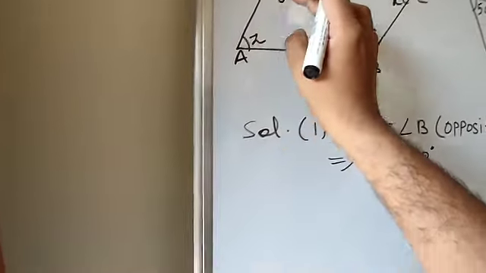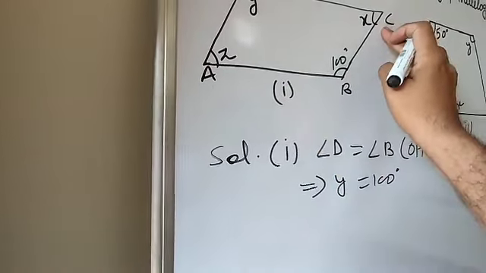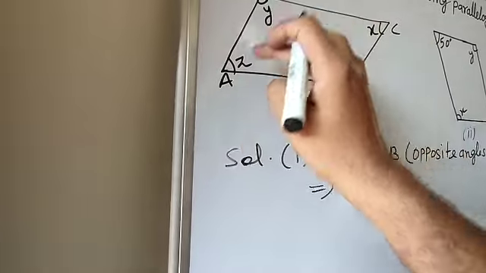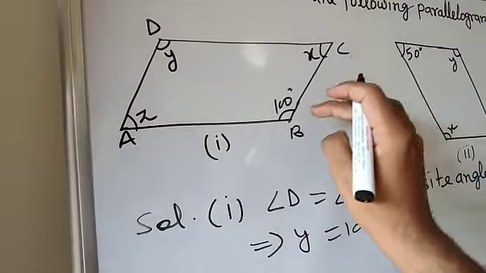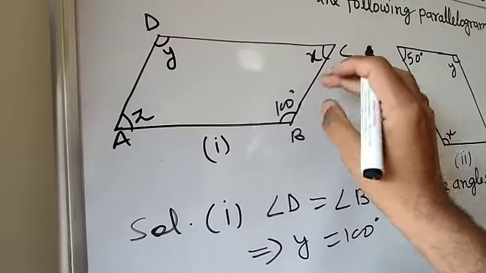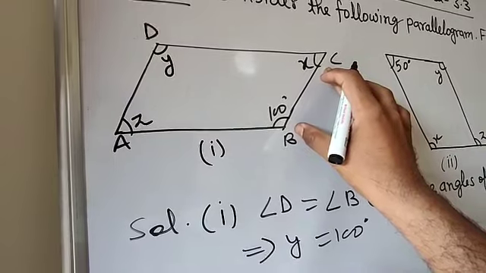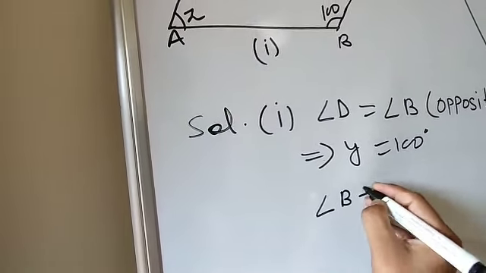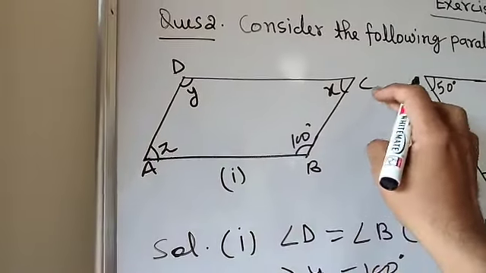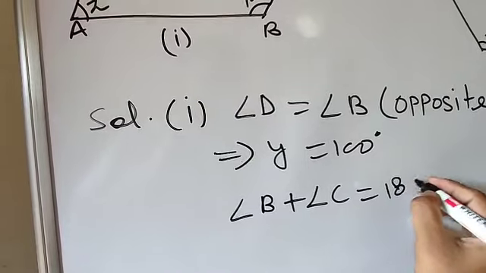Now here you can write angle B plus angle C. Angle B and angle C are adjacent angles, and in a parallelogram the sum of adjacent angles is 180 degrees. So angle B plus angle C equals 180 degrees.